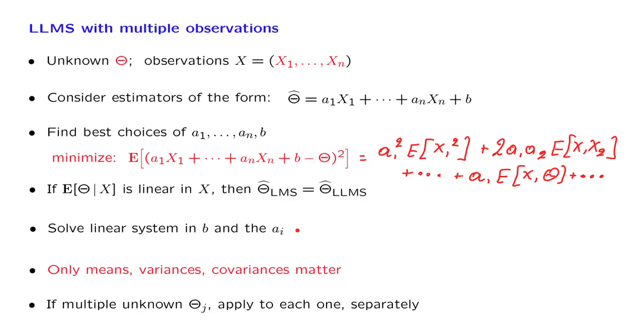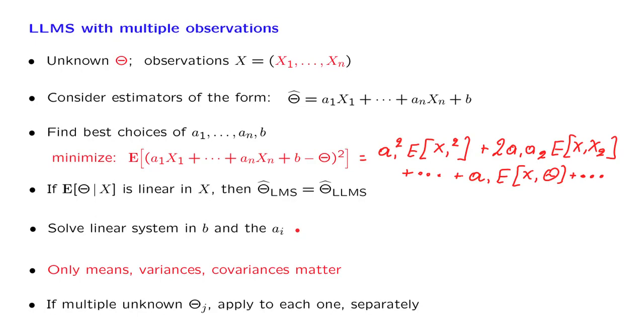The next observation is that this expression only involves expectations of various terms that are second order in the random variables involved. So it involves the expected value of x1 squared, it involves this term which has something to do with the covariance of x1 and x2, this term that has something to do with the covariance of x1 with theta. But these are the only terms out of the distribution of the x's and the thetas that will matter.